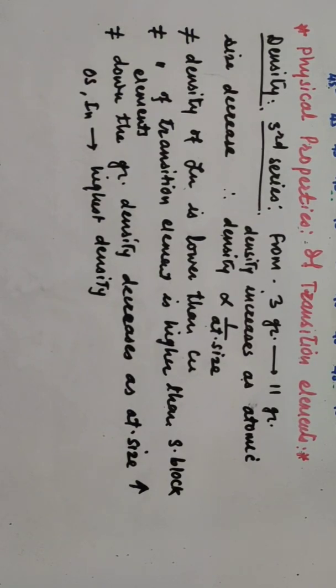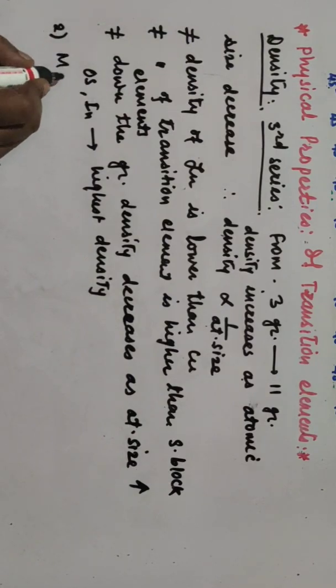The density of d block or transition elements is higher than s block elements. This is again due to the size, and down the group the density goes on decreasing as atomic size goes on increasing here.